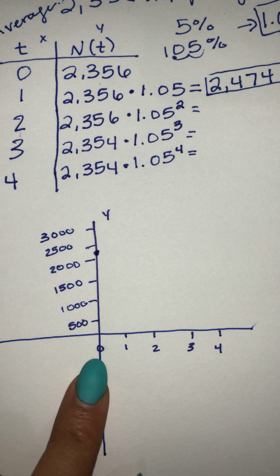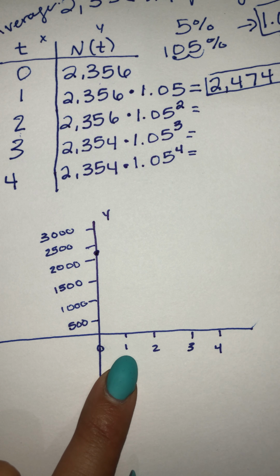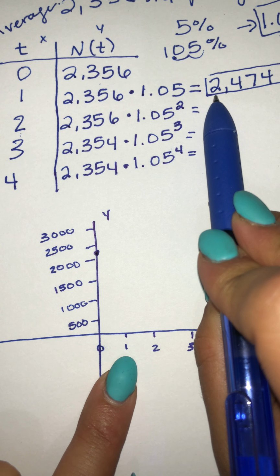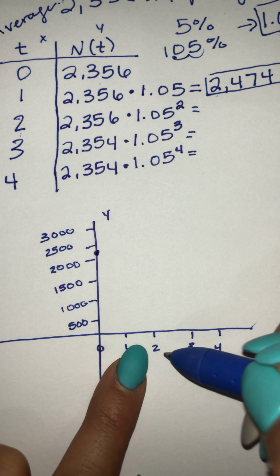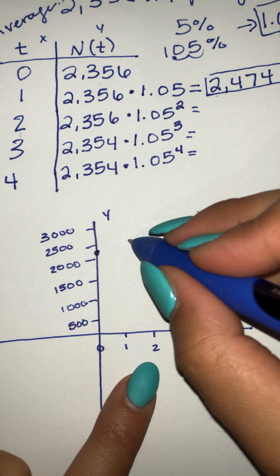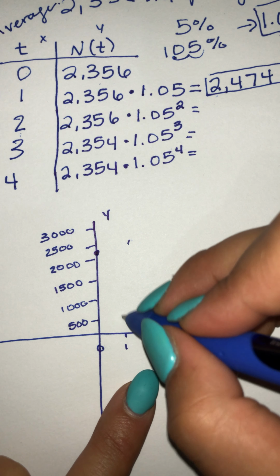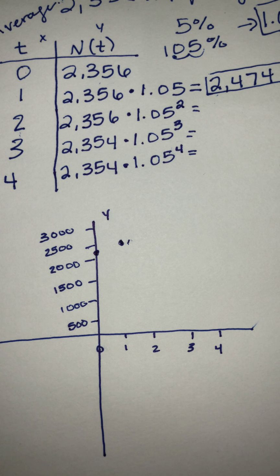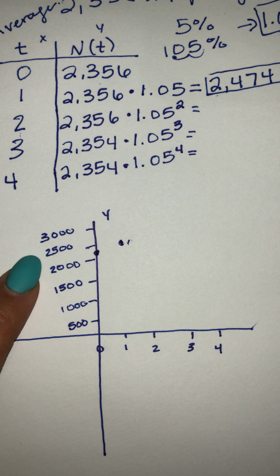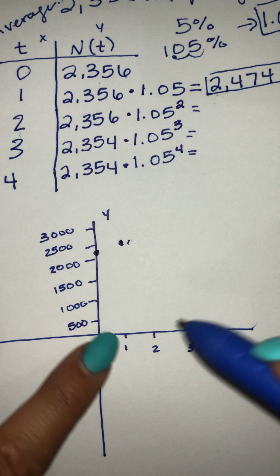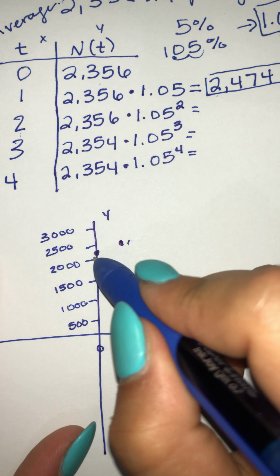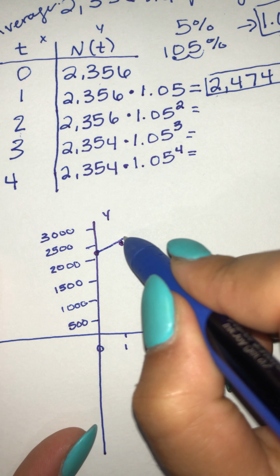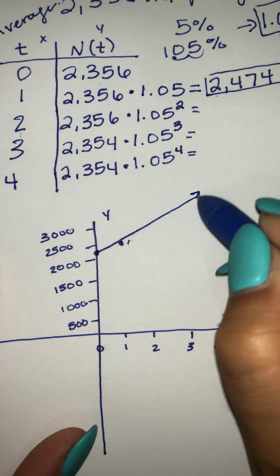There's my week 0. Week 1, I know that I'm about 2,474, so I'm going to come up. We're probably pretty close to that 2,500 dash. Then I'm going to continue to plot, and I should see a graph that's kind of looking like that.